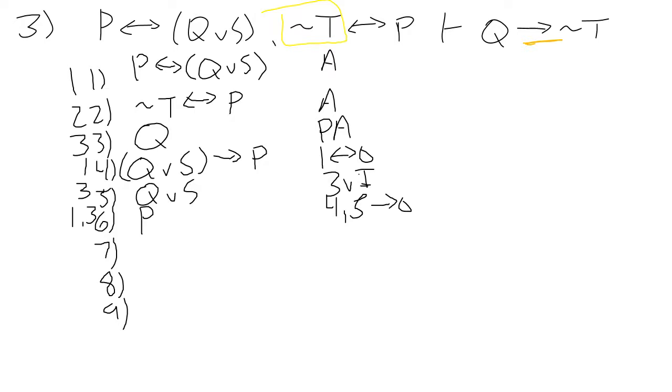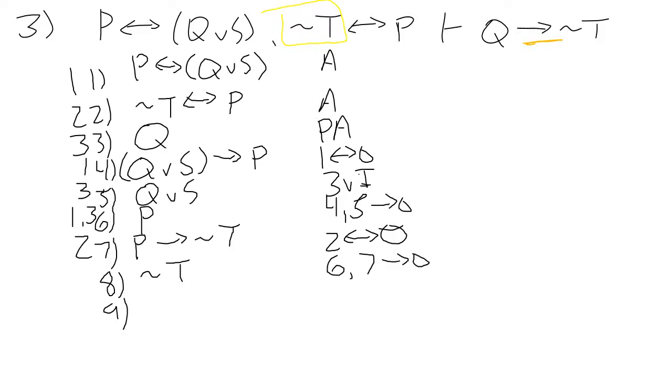And now we can make our other biconditional useful by getting that conditional out of it. Now we can toss the P into that to get tilde T. So that will be from, let's see, 6 and 7. Arrow out. 1, 2, and 3.